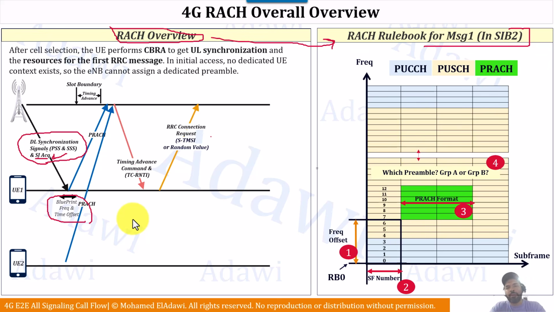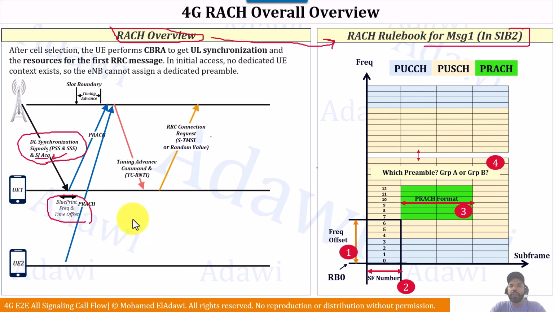We have preambles from 0 to 63. This is a code or signature used to differentiate between the users. For example, one user can use preamble 0, the other can use preamble 1, so the eNB can differentiate between these users and reply back to them. In a normal scenario, each user should use a different preamble sequence, for example 0, 1, 2, 3 up to 63, as I mentioned.